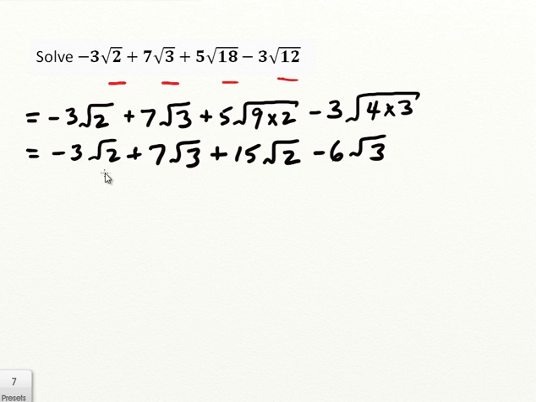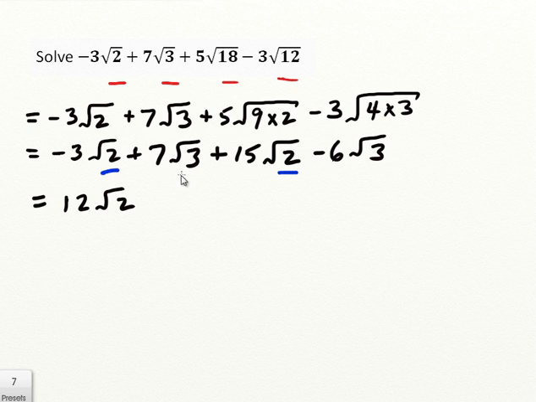The first radicals I'll look at are these two here. So I've got negative 3 root 2 plus 15 root 2, which is equal to positive 12 root 2.